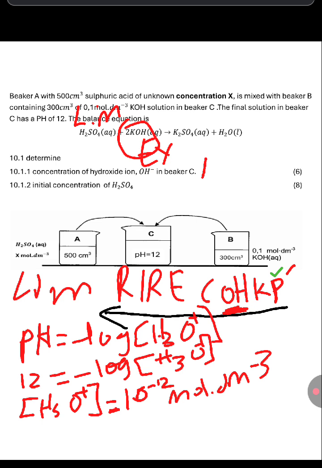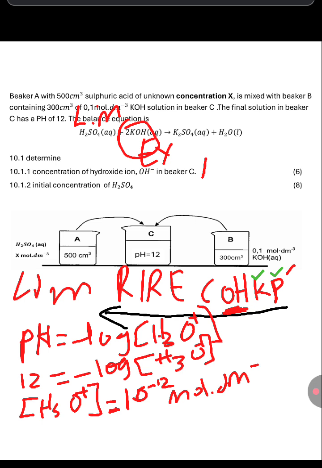Now, where do we go from here? I've got the concentration of hydronium ions. The next thing is to go to the KW formula, because we're going backwards. Our procedure says we must go to the KW formula, which converts the concentration of hydronium ions to concentration of hydroxide ions.